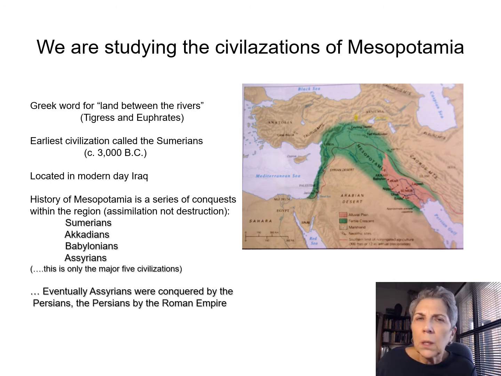So we're going to look in these slides at these major civilizations. And because it's a survey, we're just going to look at those things that they did differently, or what makes them unique. I may just pull out one major thing.